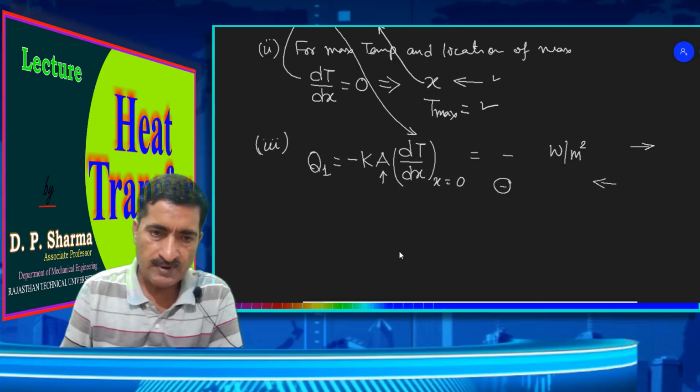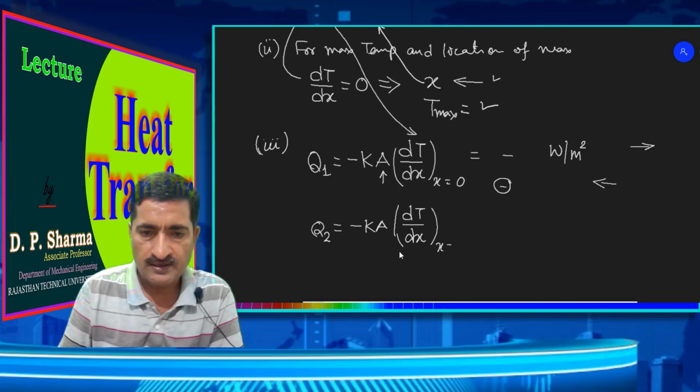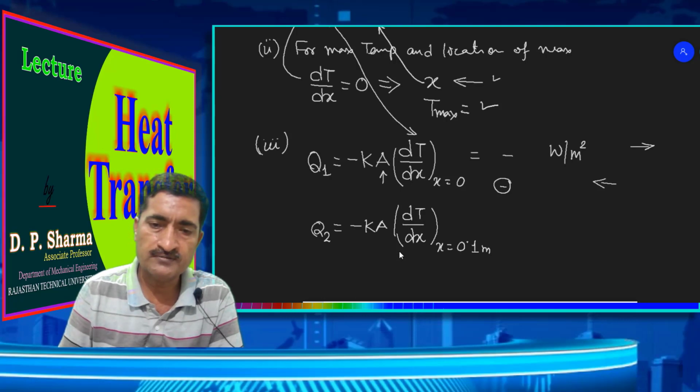And the second part, heat transfer from the other side, Q2 equal to minus K A dT by dx, where x equal to 0.1 meter.